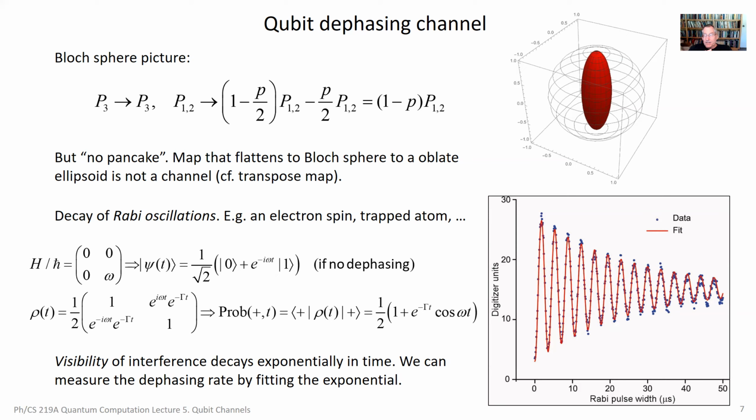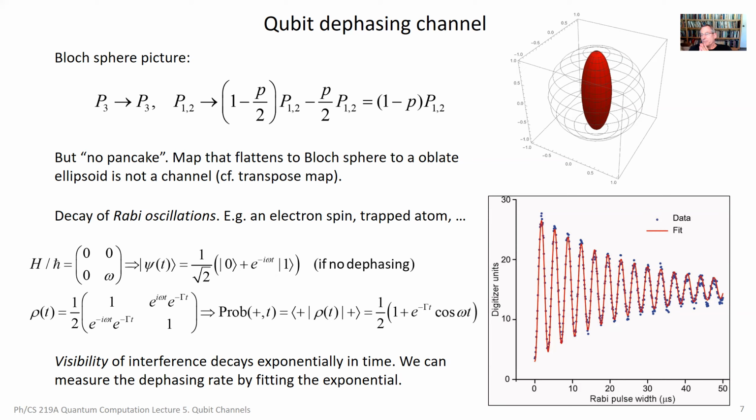Now, this type of dephasing is seen in many different physical systems. And one can, in the laboratory, measure this dephasing rate, gamma, by observing the exponential decay of the polarization.